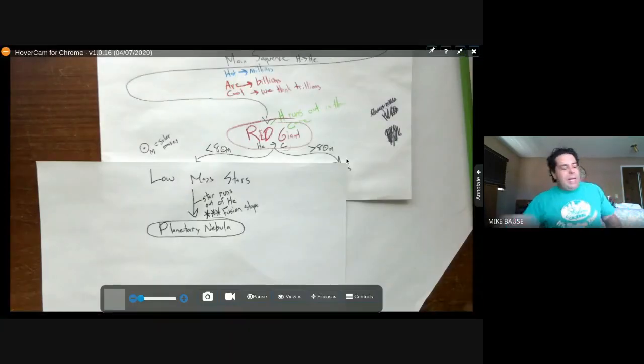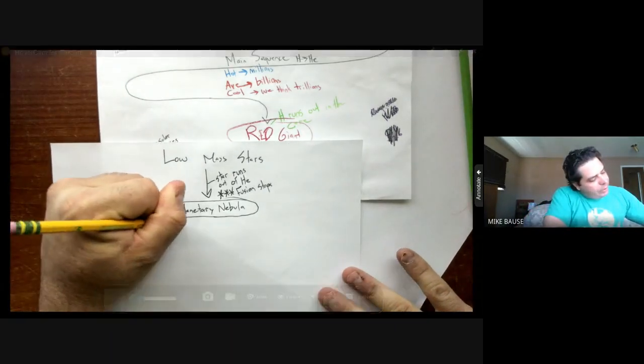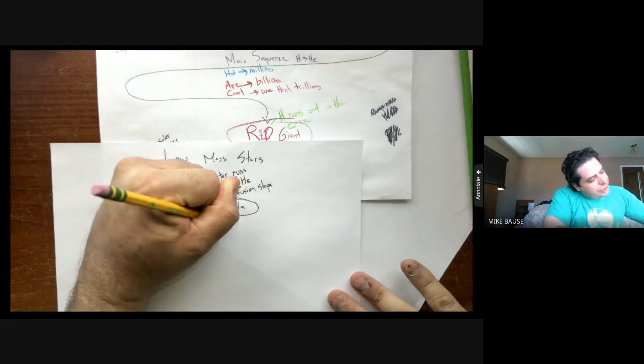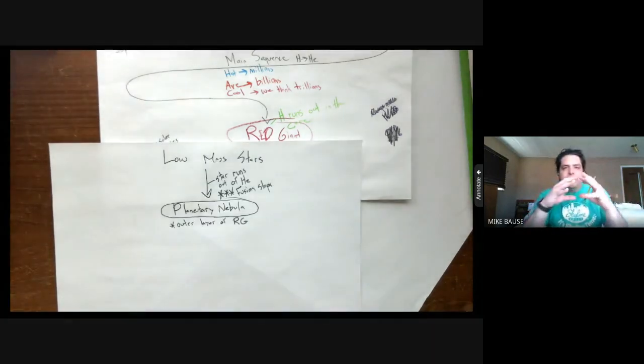So planetary nebula, or what that actually is, the outer layer of the red giant. And it just slowly expands away from the core, right? And as it expands, the nebula gets bigger, right?